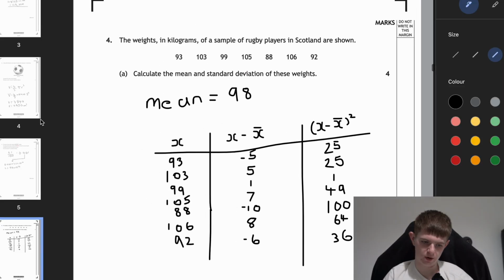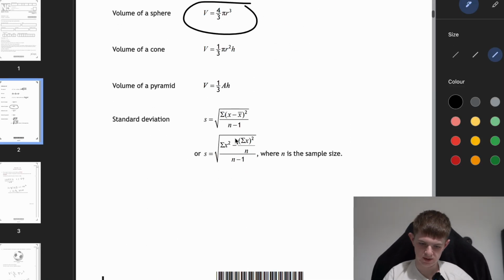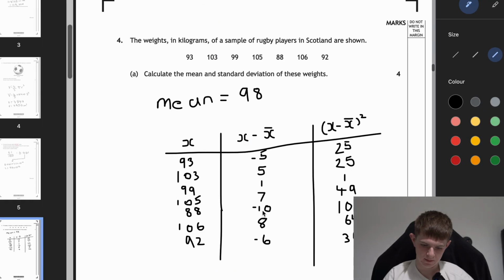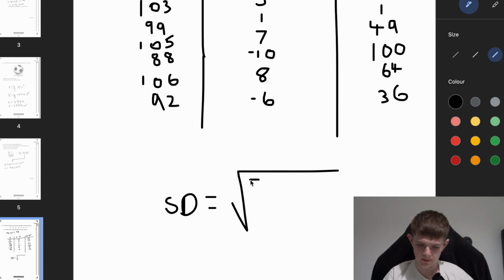We need to go to our formula sheet and find our standard deviation, which is this one in here. So we're going to take that, I'm going to put it into here, and you'll get SD, standard deviation, equals the root of the sum of x take away x bar squared, and then divided by n take away 1.